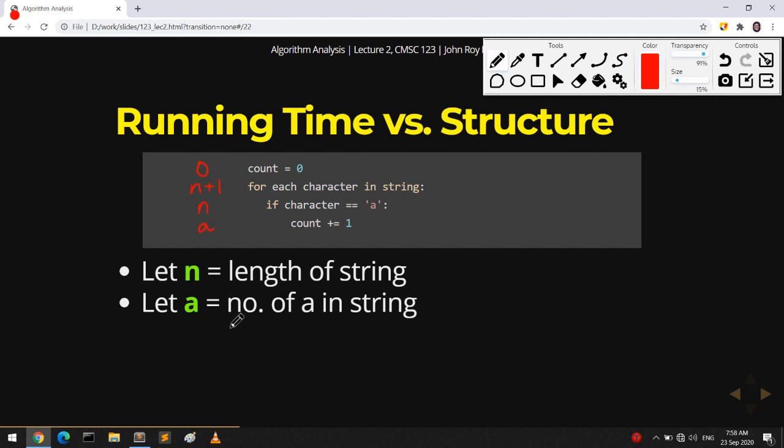If you have, let's say, 5 A's in the string, count will be incremented 5 times as well. In total, the running time is 2n plus a plus 1.